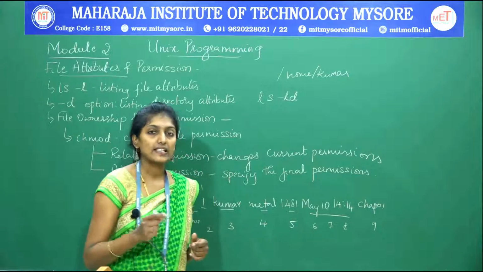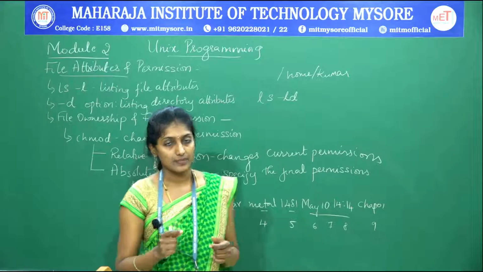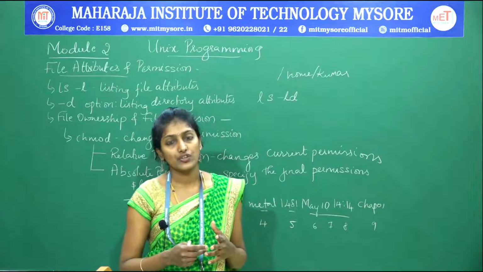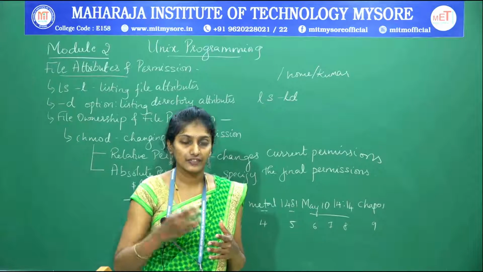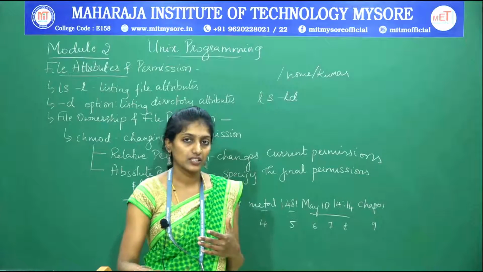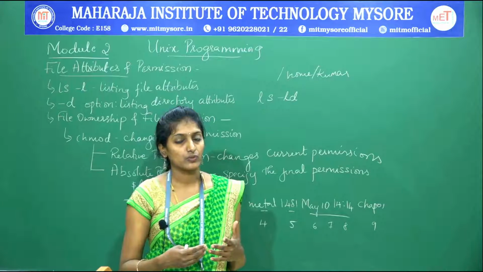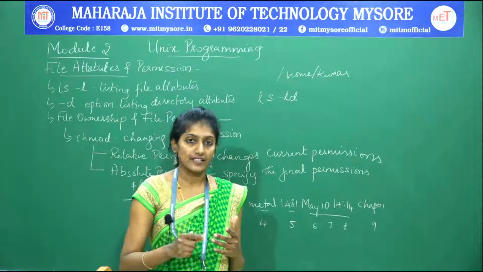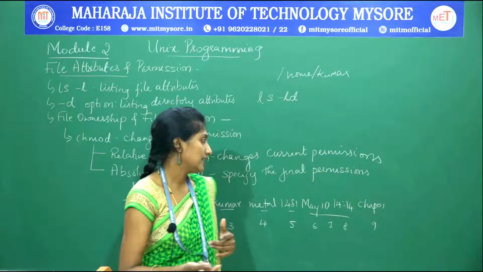If the user has created a file within the Unix file system, by default he will become the user or owner of that particular file. So the owner or the user, in these basic file attributes, always refers to the owner of that file itself. User and owner are the same.